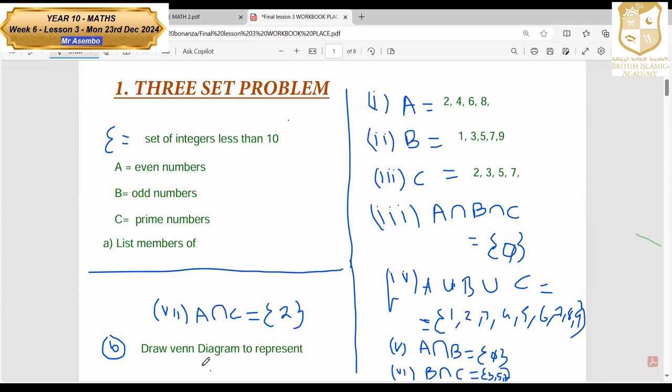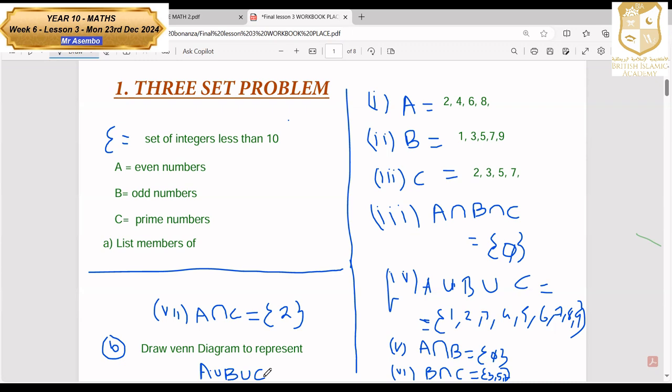I'll only give 1 minute to finish listing members, Roman 1 up to Roman 7, before we do this one. Venn diagram is just the same as the one you did in sets 1, but in this one, we now use 3 sets. That's the only difference.